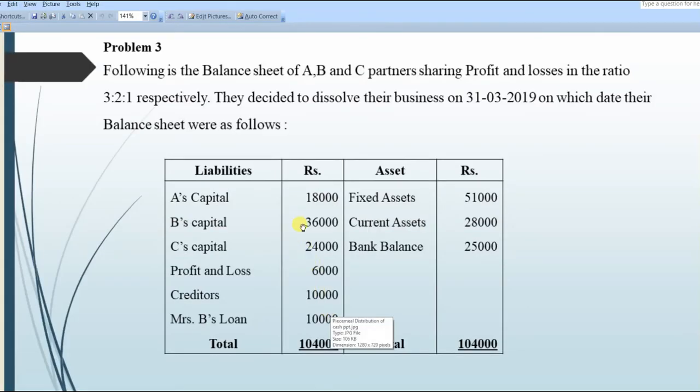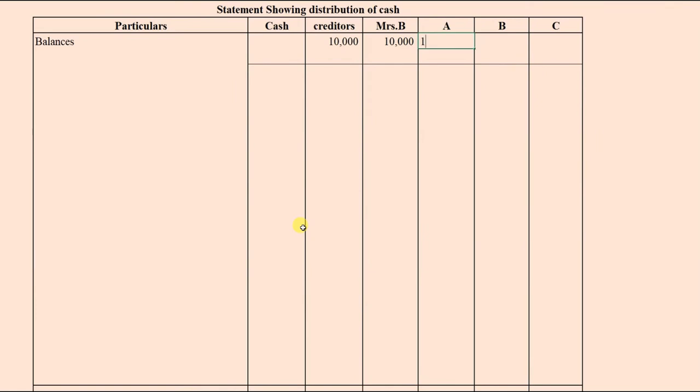Then A's capital 18,000, B's capital 36,000 and C's capital 24,000. After that we will add profit and loss.